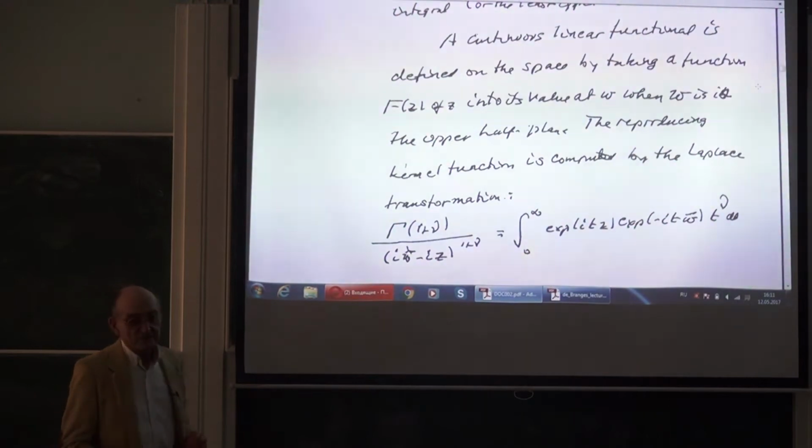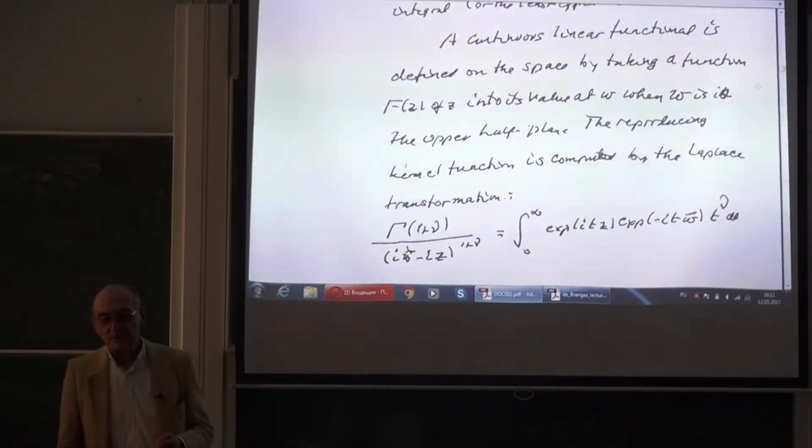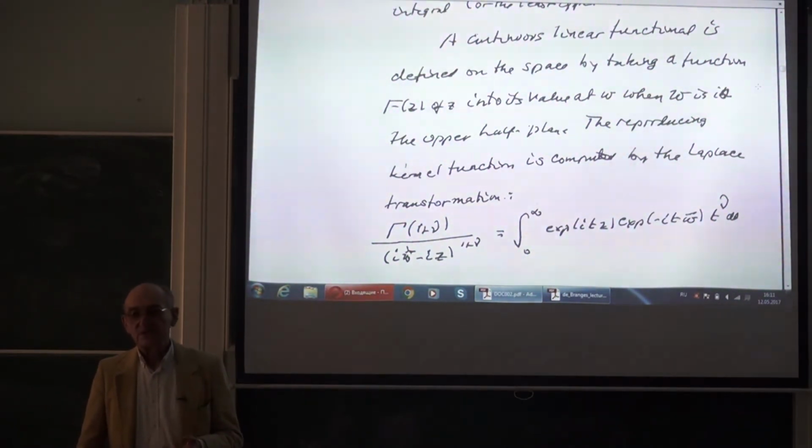Now, that space of functions analytic in the upper half plane is a Hilbert space with special properties. The taking of function values at points in the upper half plane is a continuous linear functional. And so there are elements of the Hilbert space which, used as scalar products, define the value of a function.